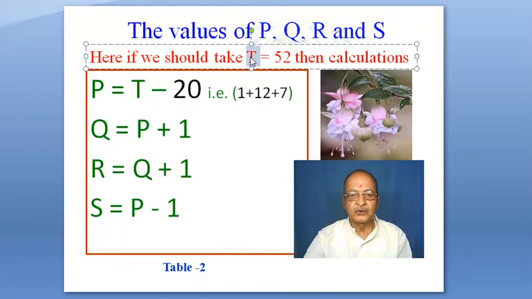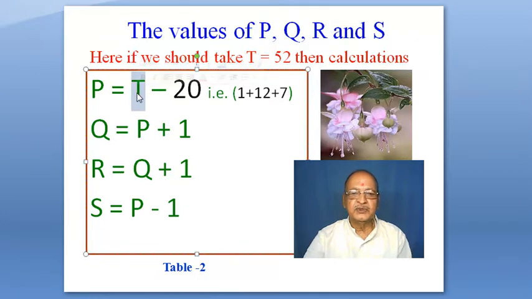The sum of each row, each column and each diagonal will be this T. So we have taken T equal to 52. Now if you put T as 52 here, then 52 minus 20 means 32. The value of P is obtained as 32.